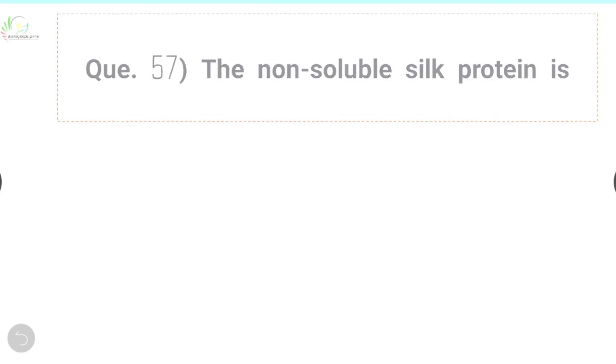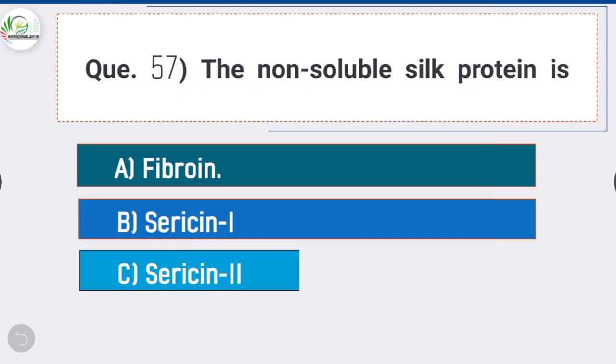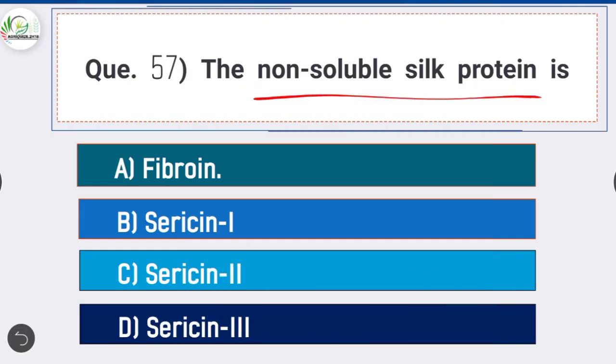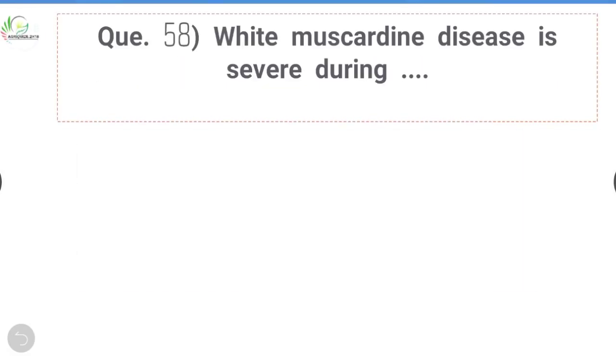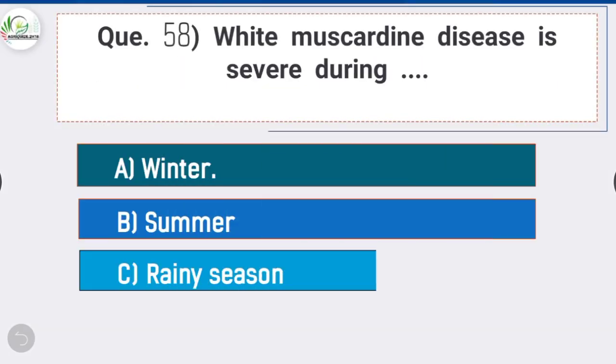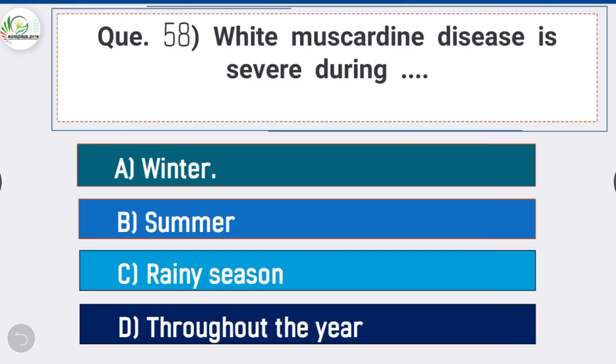Question number 57. The non-soluble silk protein is, and the correct answer is fibroin. The non-soluble silk protein is fibroin. Fibroin is an insoluble protein present in silk produced by numerous insects such as the larva of Bombyx mori. Question number 58.